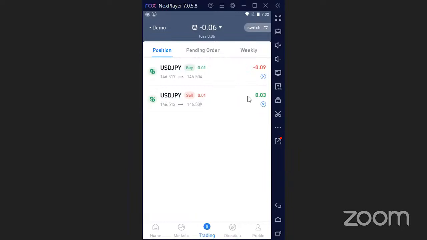This market was on loss previously, but it's getting into profit right now. You saw it change to green, which means it's starting to make profit. This is a loss, this is profit. I hope you understand what a profit and a loss is now.